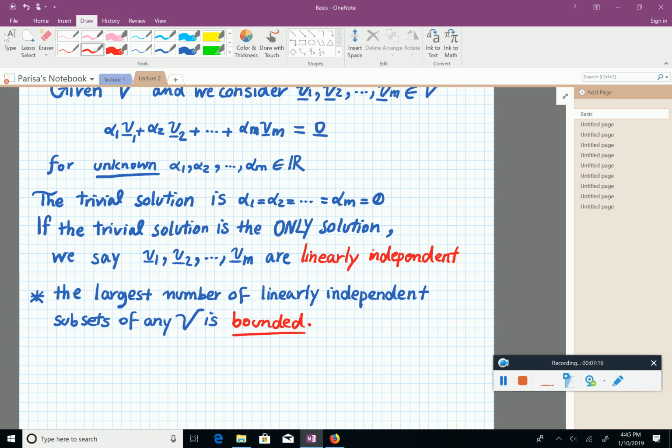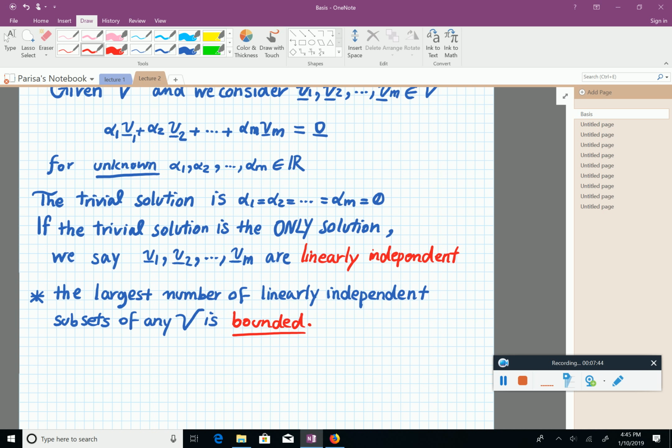I look at three vectors linearly independent. I go up. At some point, I hit a wall. There is a bound for the number of vectors that are linearly independent inside a vector space. What is this bound? Any ideas? Dimension. It is the dimension of this vector space. So this is the formal definition of dimension of a vector space.